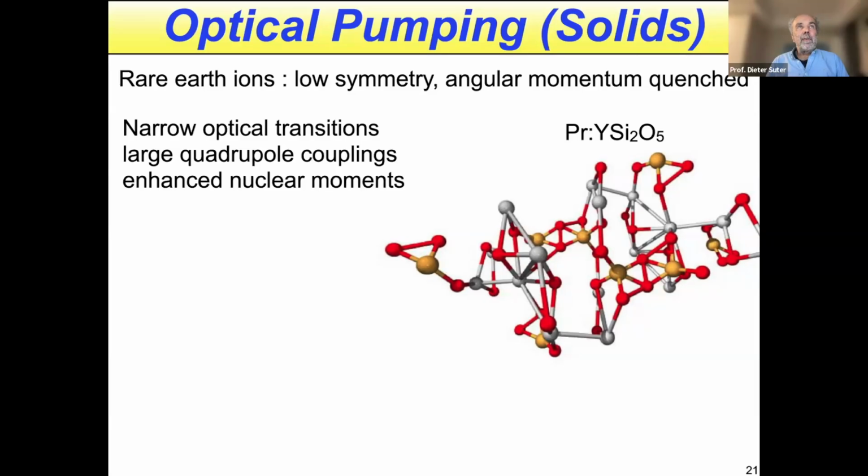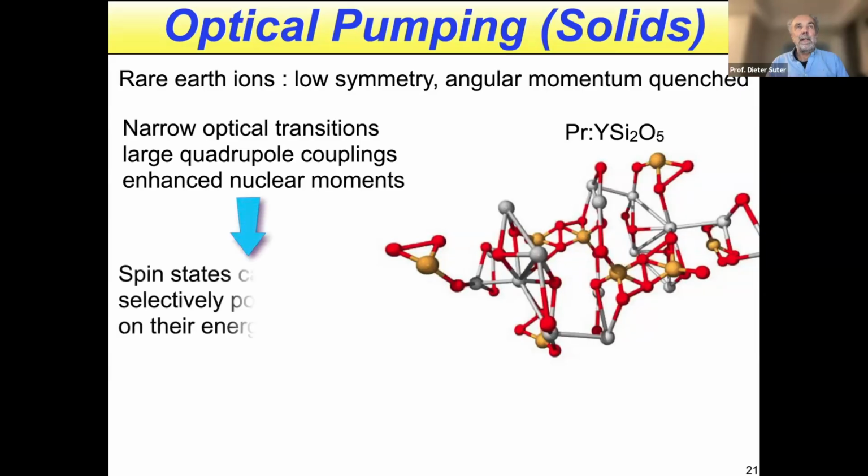At the same time, the nuclear spin has relatively strong interactions with the electric quadrupole moment, for instance, and you have large nuclear magnetic moments. So the transition frequencies between nuclear spin states can be relatively large, significantly larger than the line width of the optical transitions, at least the homogeneous optical transitions.